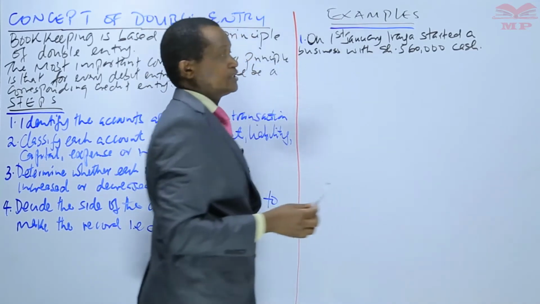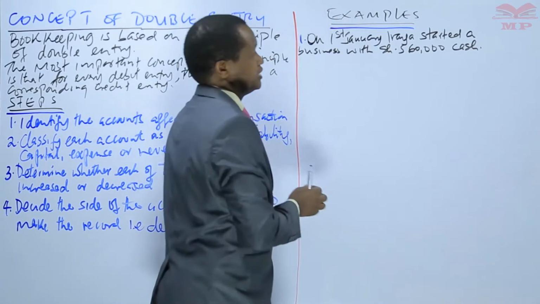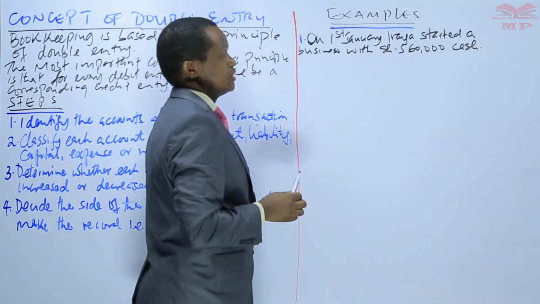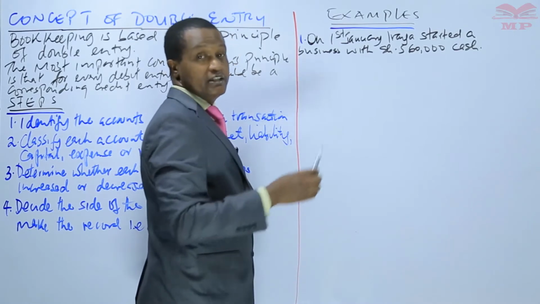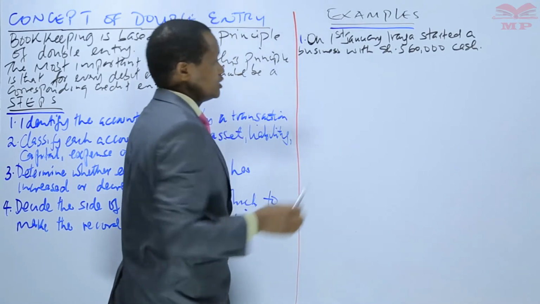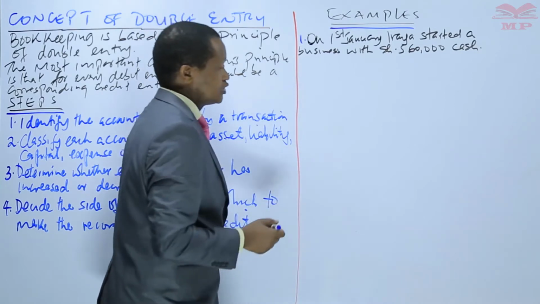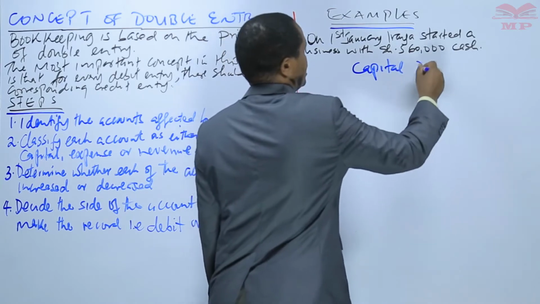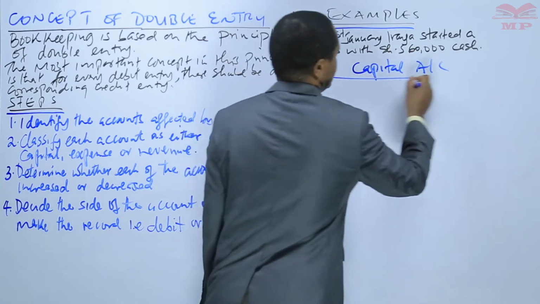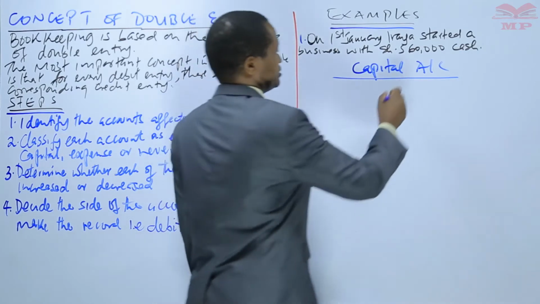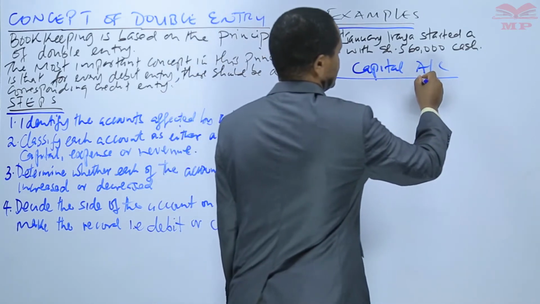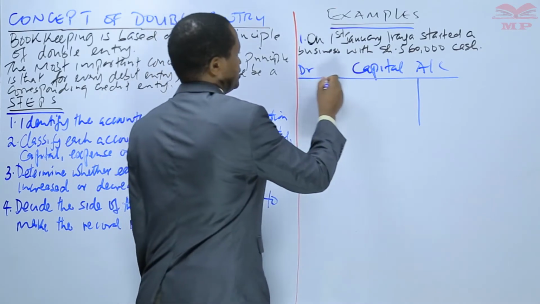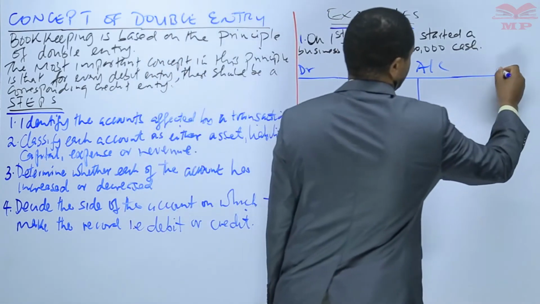Started business. When you start business, the first account that should be identified is the capital account. So we'll have capital account. That is one account. Capital account. And we said an account has two sides. There is the debit side and the credit side.